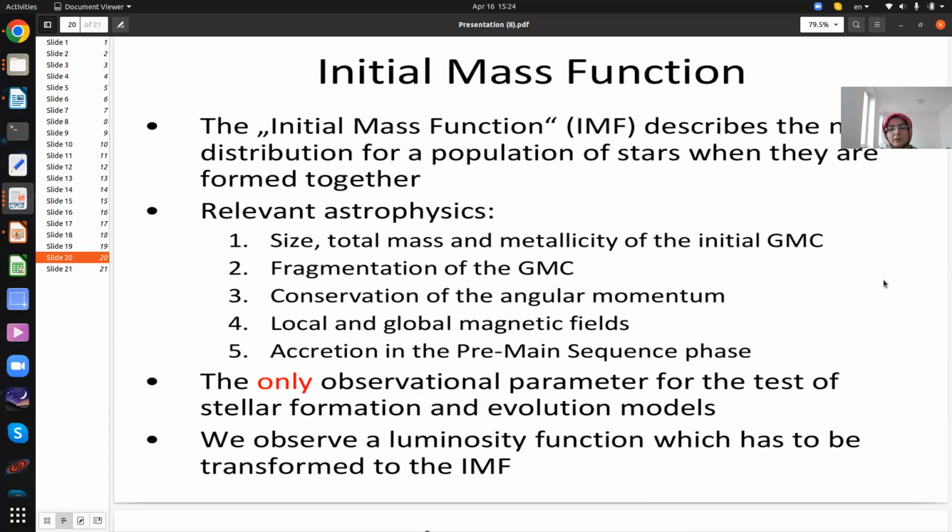It is the only observational parameter for the test of stellar formation and evolution models. We observe a luminosity function which has to be transformed to the initial mass function.